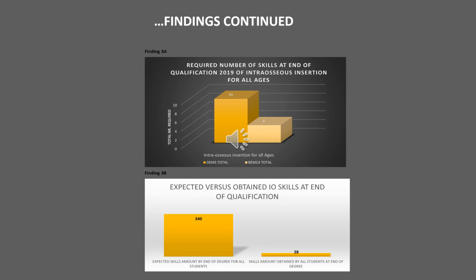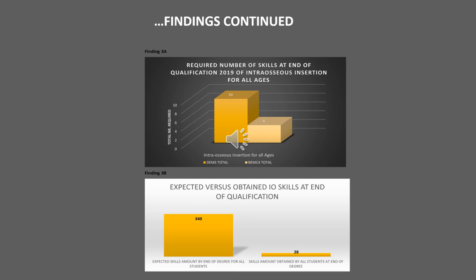And lastly, based on our findings 3A, the skills required amounted to 10 skills for the Department of Emergency Medical Sciences by the end of 2019. For the year 2019 itself, for the PMC 4 years, 4 skills were required.